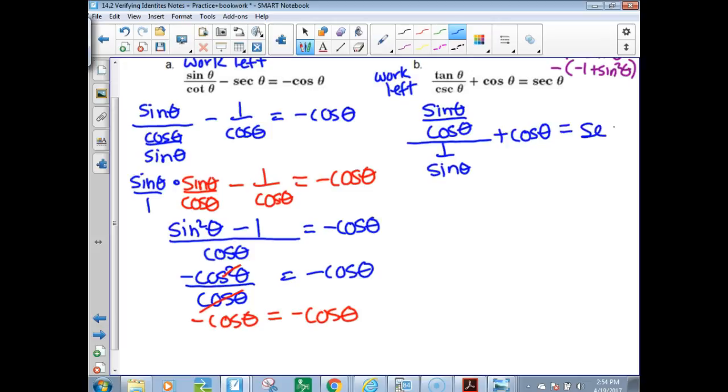Okay, so right now I'm here. Before I think about even adding things, I'm going to get this simplified, this compound fraction. Fraction divided by a fraction. Let's show that that's equal to multiply by the reciprocal of the bottom fraction, which will be sine theta over 1. See?